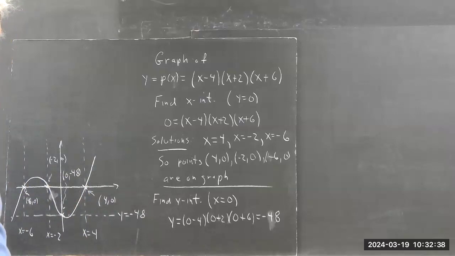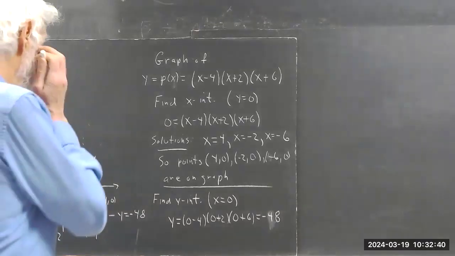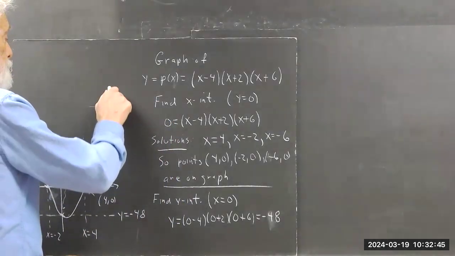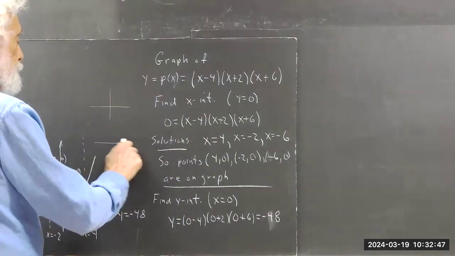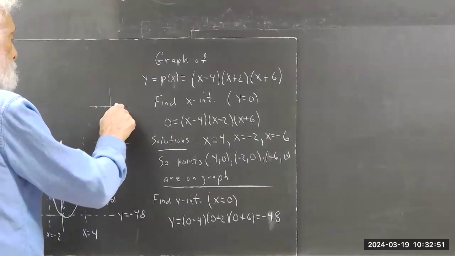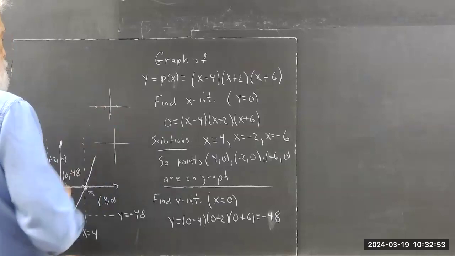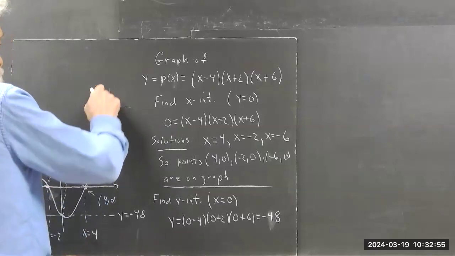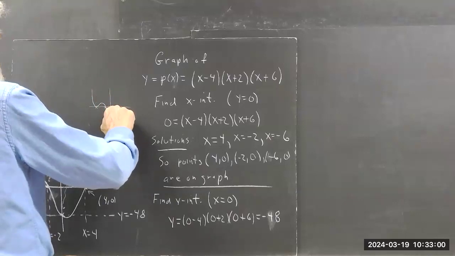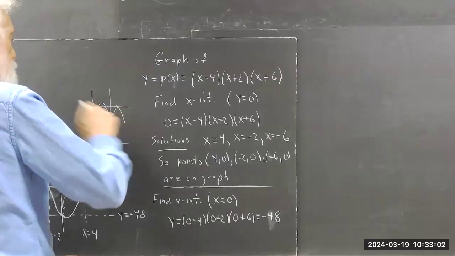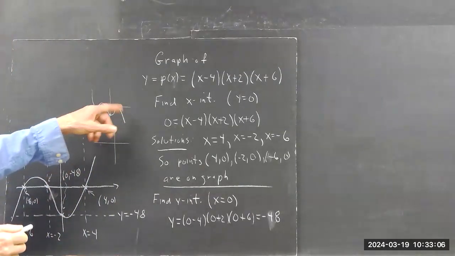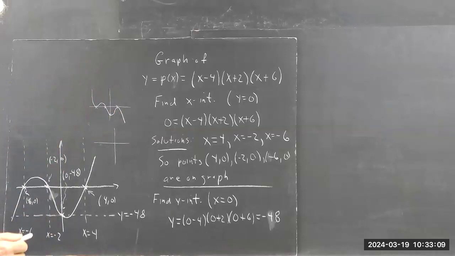Okay. Now, there's no reason why the curve couldn't do something else. I'm just going to draw a couple of sketches here. There's no reason the curve couldn't do something like this. It hits the x-axis at all these points. I kind of missed it there, but you get the idea.